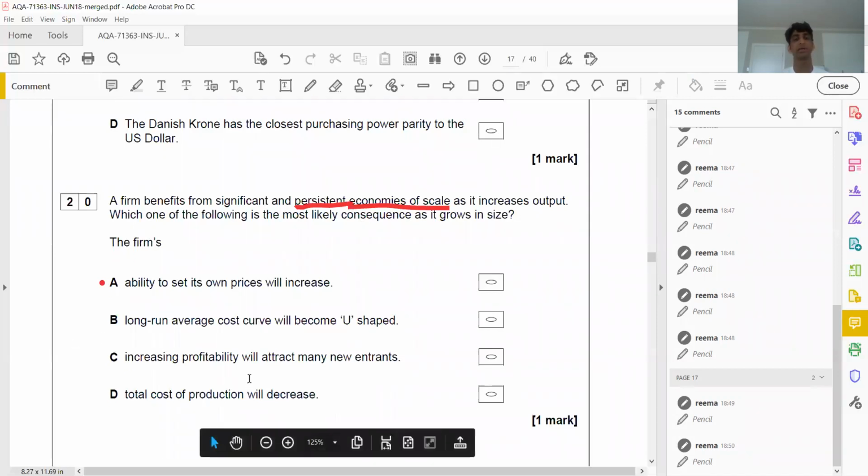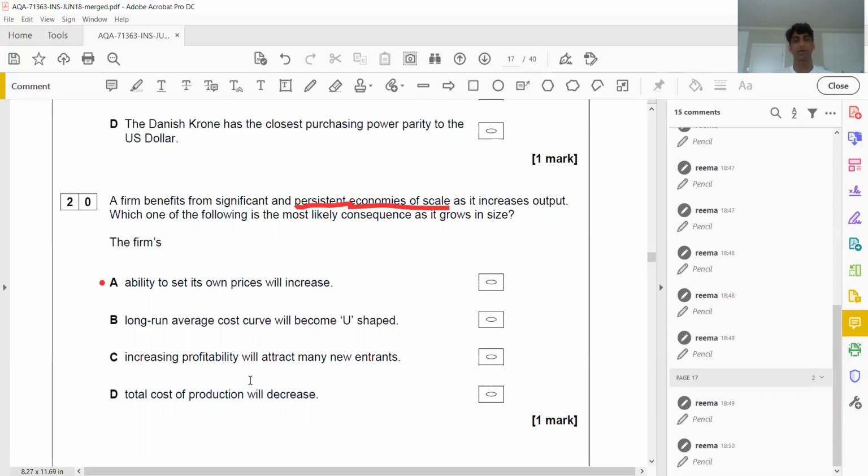C, increasing profitability will attract many new entrants. Okay, it's understandable why candidates would think that it's C, because yes, we will probably have higher profitability, because if you think back to your theory of the monopoly, monopolies tend to achieve supernormal profit. And what supernormal profits do is it sends a signal for new firms to enter that market.